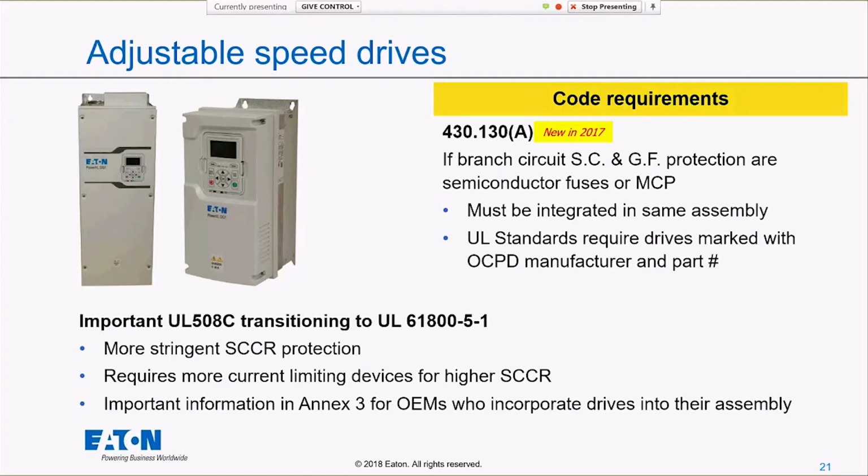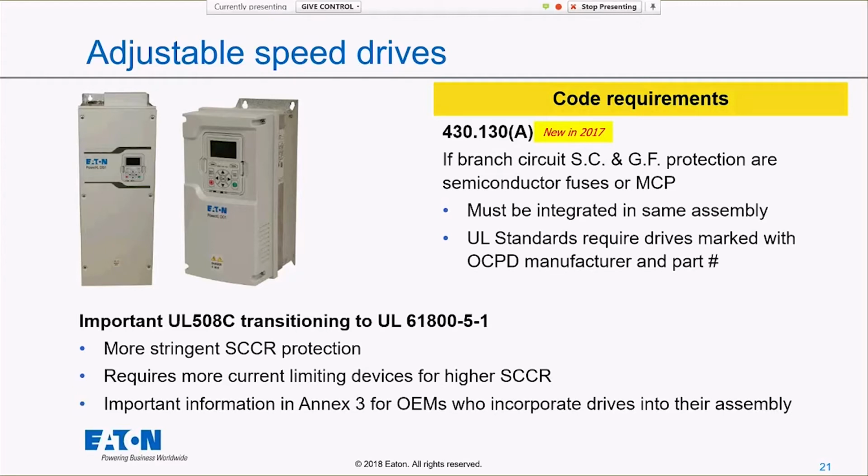You might think, I've been using this drive for 10 years and I know what goes in front of it. Just look up the updated installation instructions that went into effect this year, and make sure that overcurrent protective device hasn't changed. At 25 horsepower and below, most of them did not. Above it, a lot more of them have.